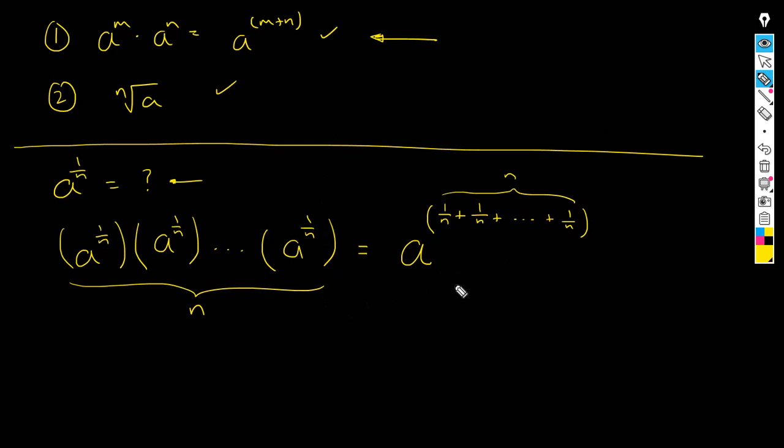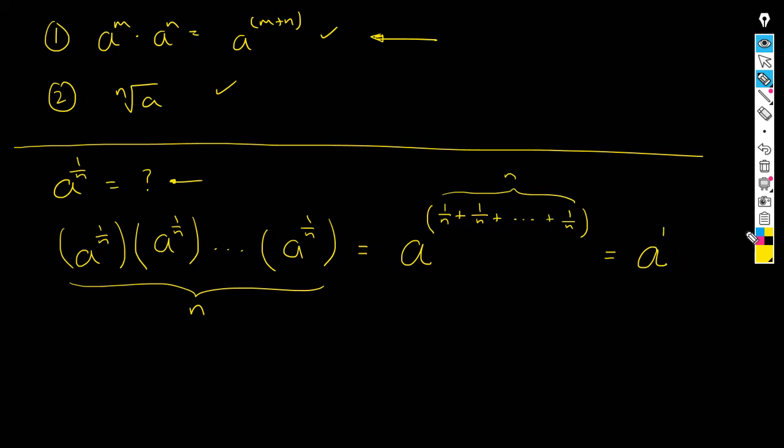I hope that it is clear that this is equal to all of this according to this first law. Let's continue. This is equal to a raised to what number? What's going to happen when we add n fractions all equal to 1 over n? We're going to get 1.